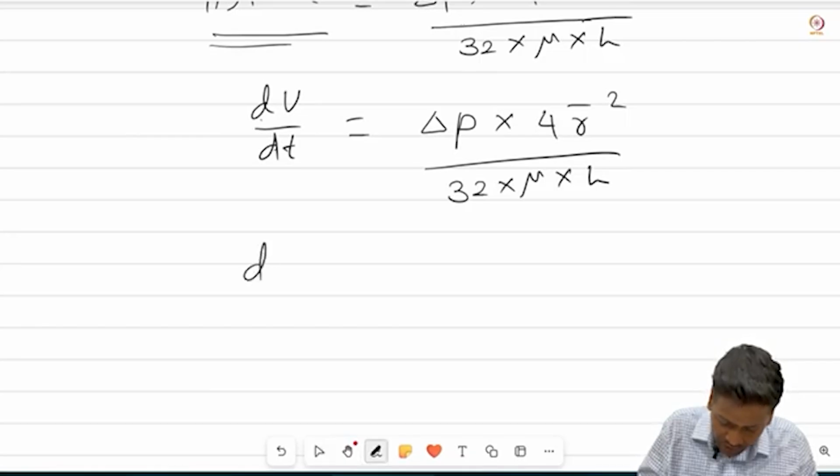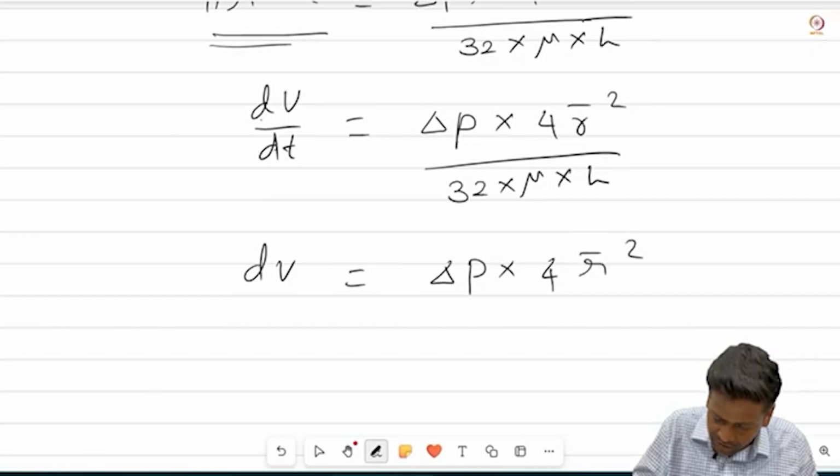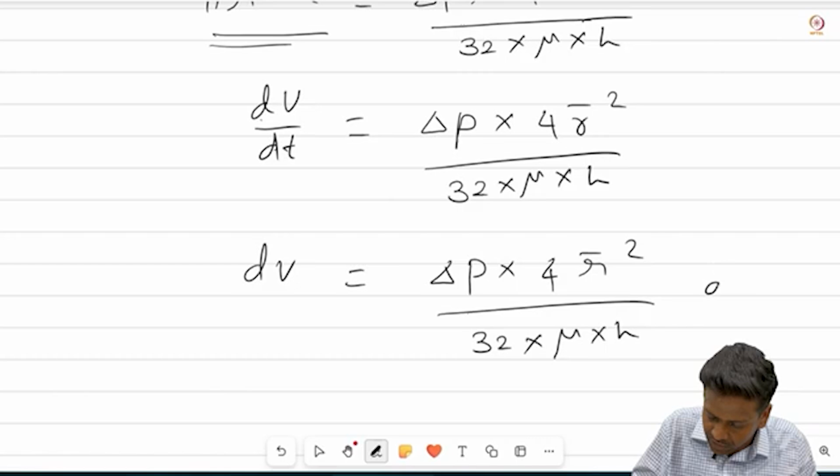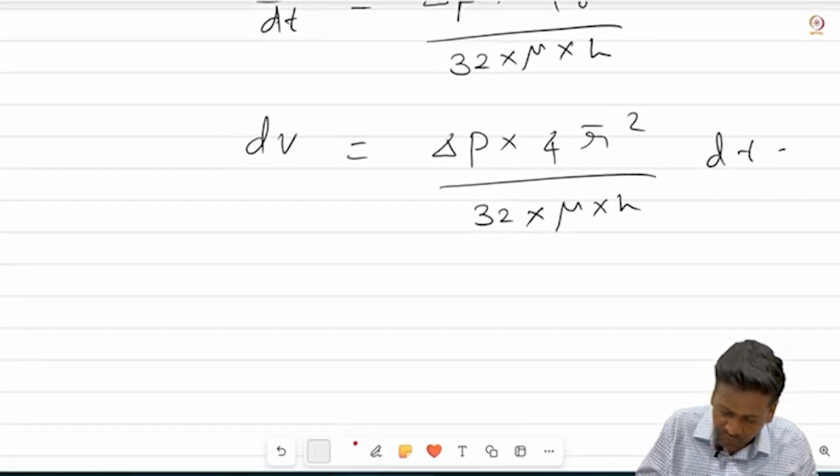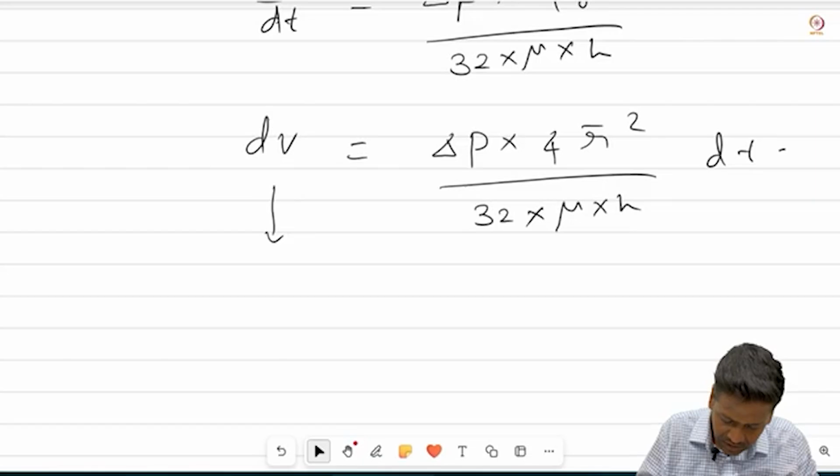Now I have dV on the left hand side. Then I will take this time derivative on the right hand side. Then I will simply have dt. Now this dV I can write as again area into h, area into dh, right?